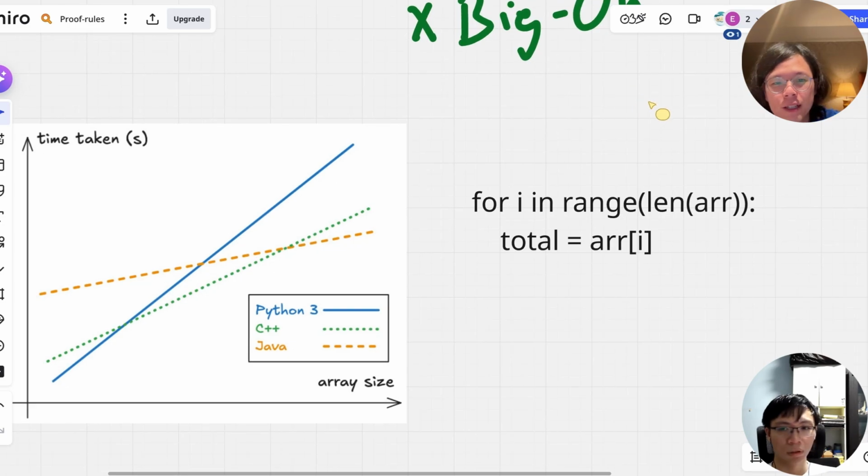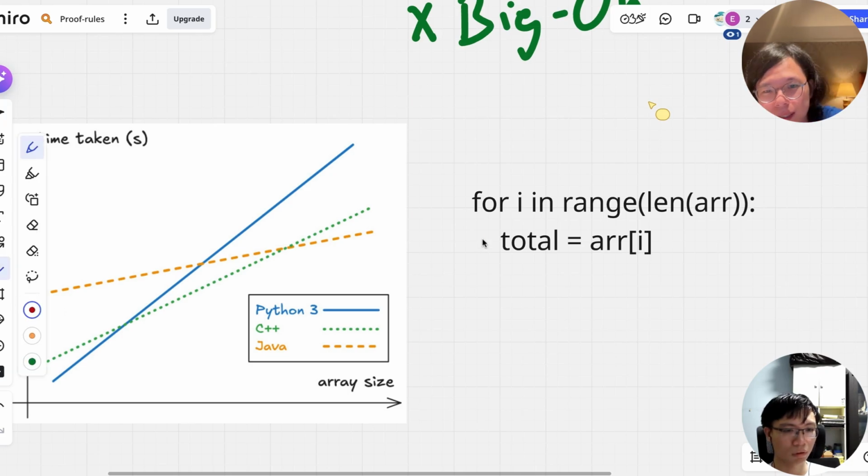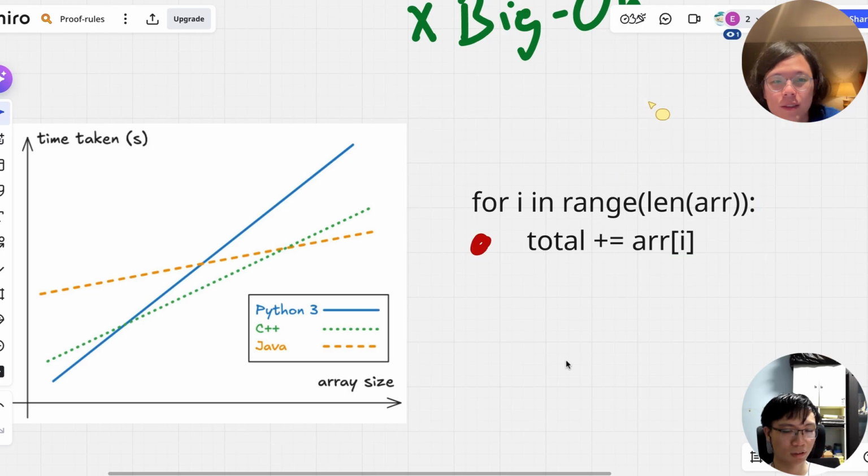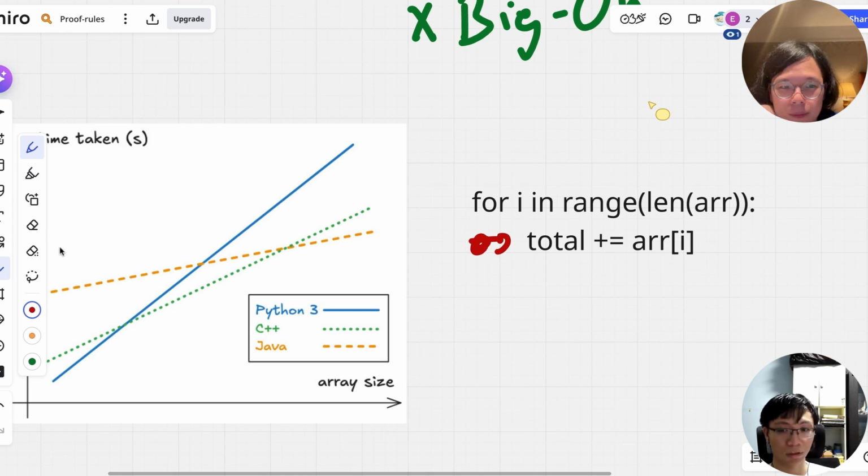So you can imagine the number of iterations that you're going to make in your code. Sorry, I said array total, but I meant total plus equals array[i], right?